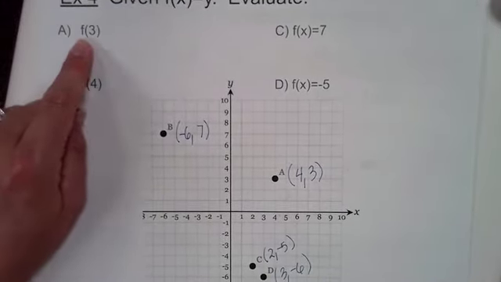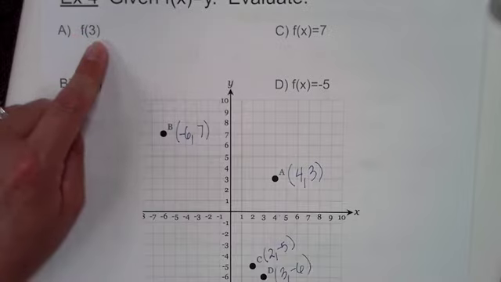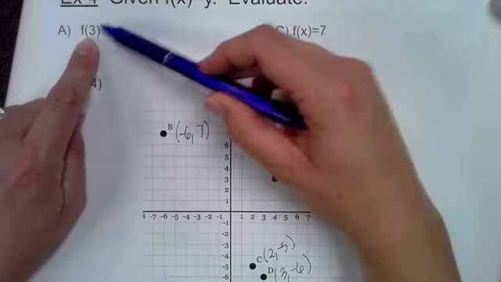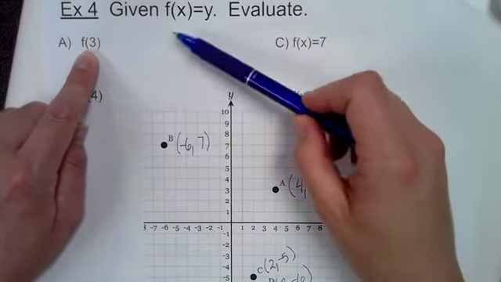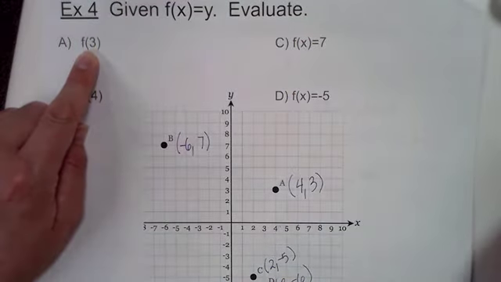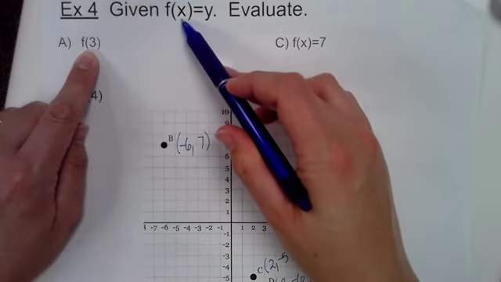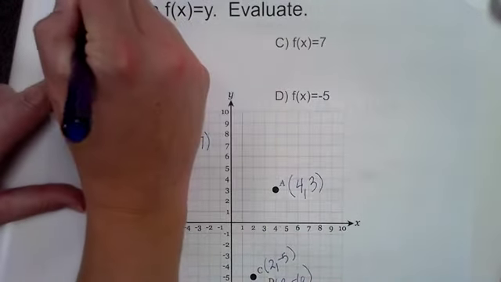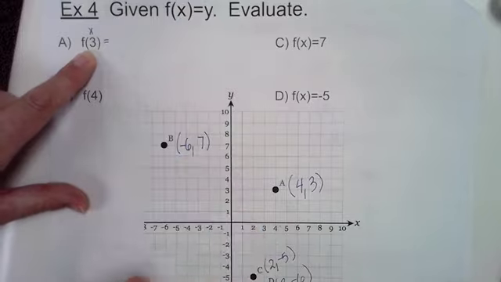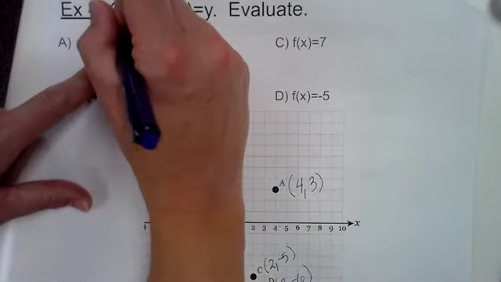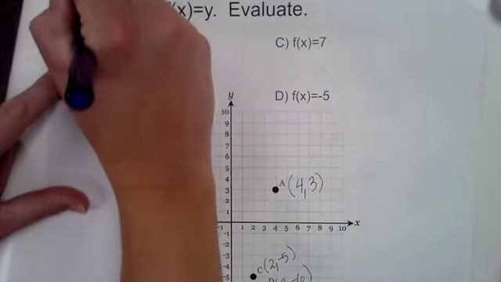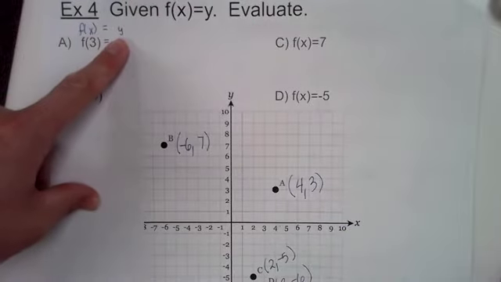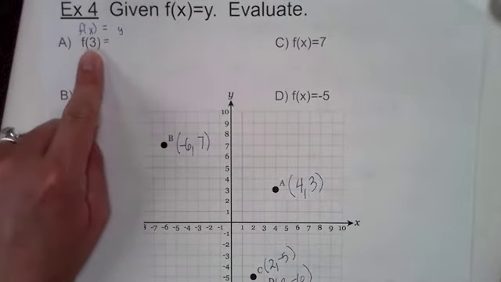Okay, here they have evaluate f of 3. And you'll notice the 3 is in place of what? It's in place of the x, so they're telling us that the x is 3. And so to evaluate it, we really want to know, what's the y? Because f of x is supposed to equal the y value. So f at 3.